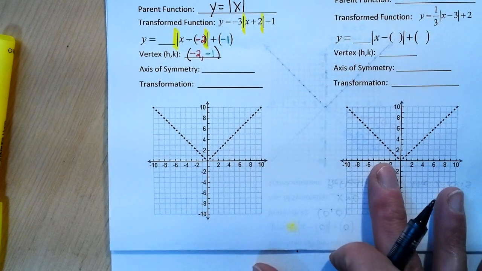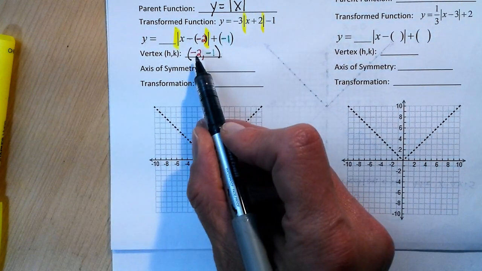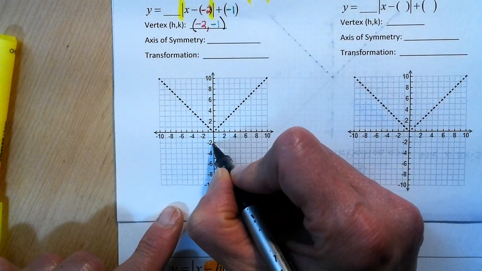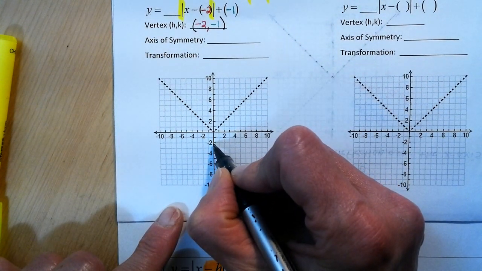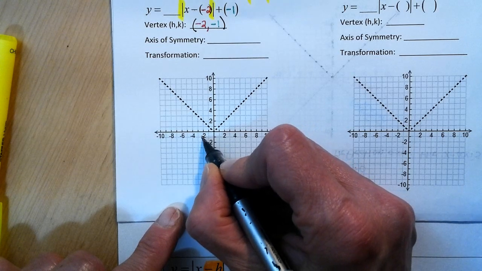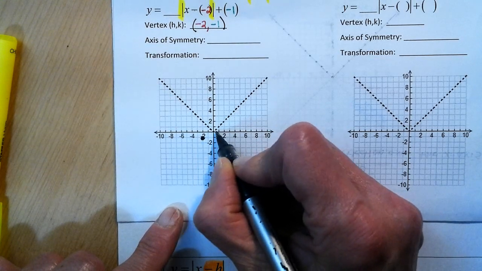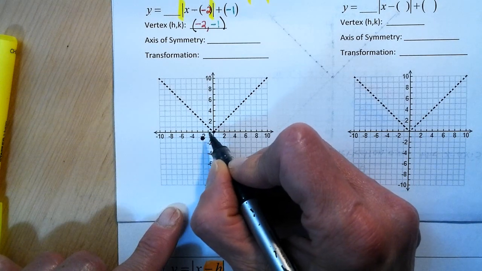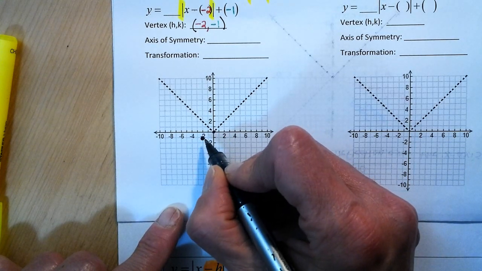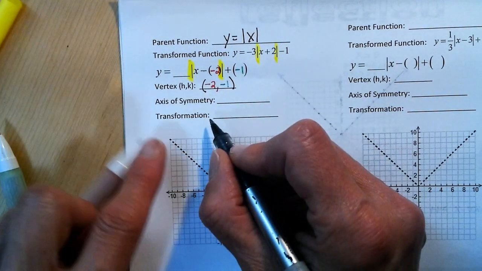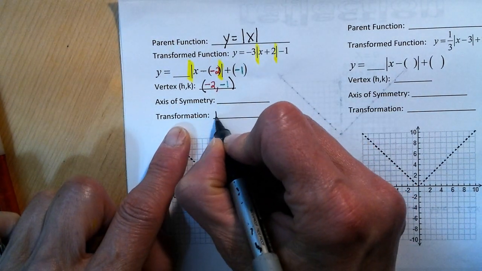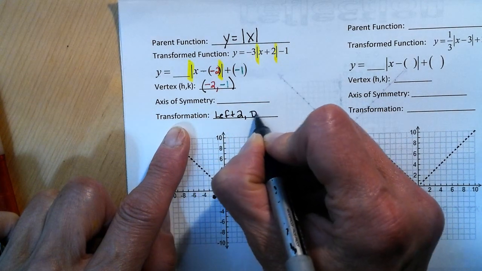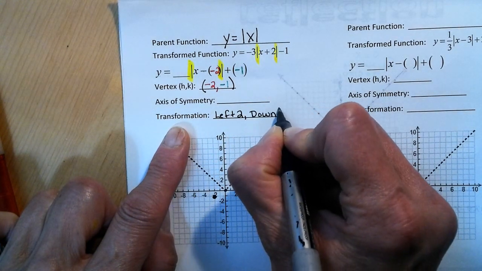So if I were going to start graphing this, I would start at the point -2, -1. So -2, -1 is right here. So we can already see that there was a shift left 2, down 1. So for the transformation, I can write left 2, down 1.